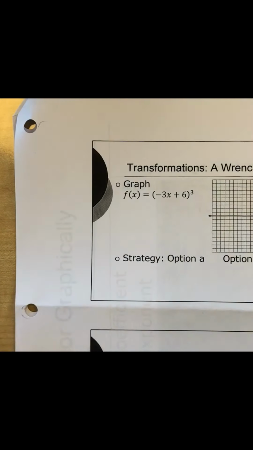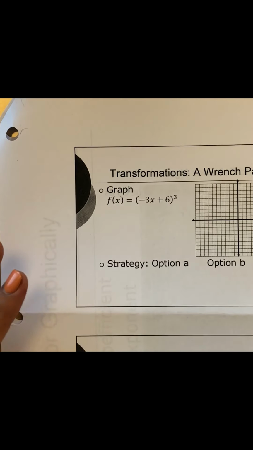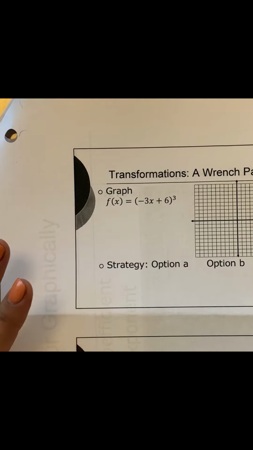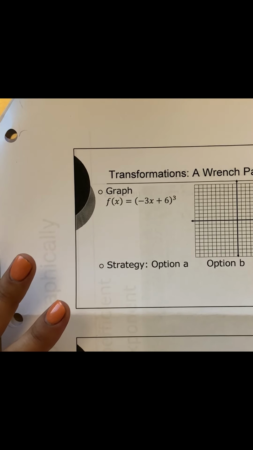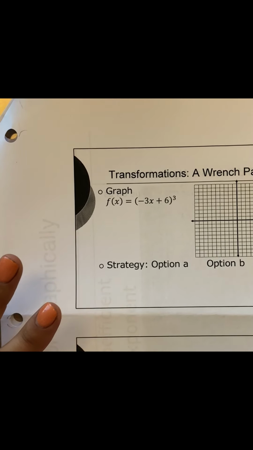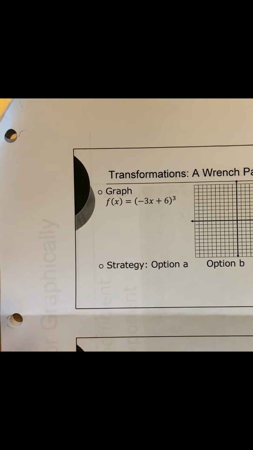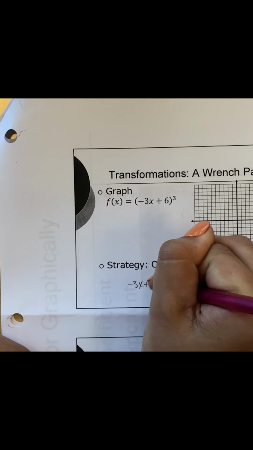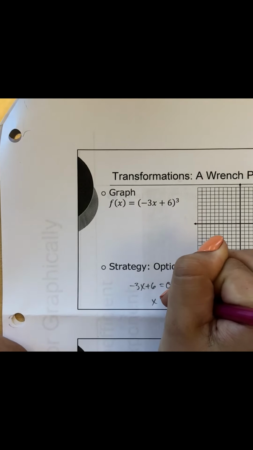All right, number 4, try it on your own. I want you to tell me the center of this cubic. It's going to be at something, comma, 0. So I'm going to set my inside equal to 0. And I get 2.